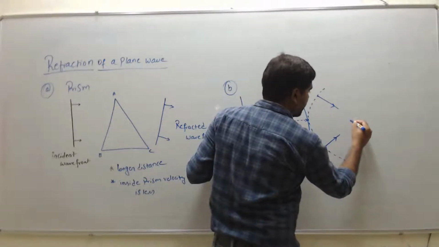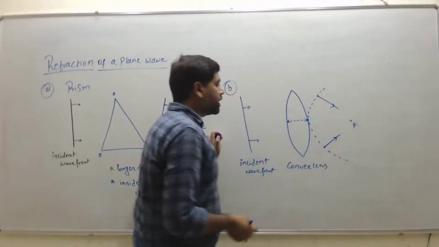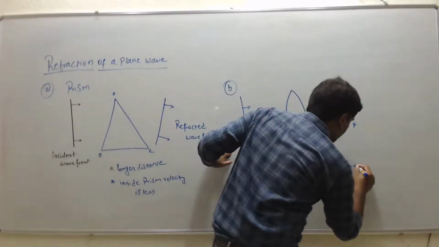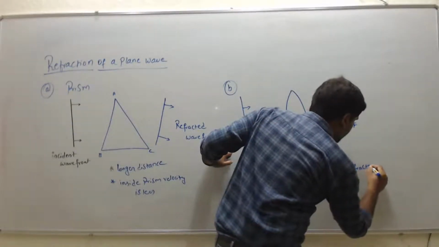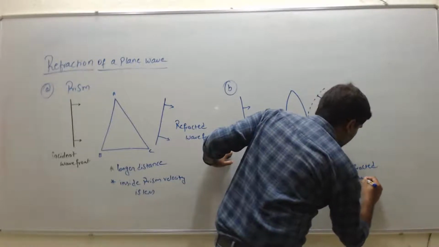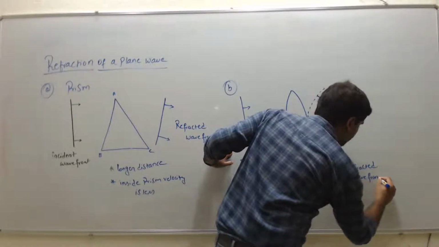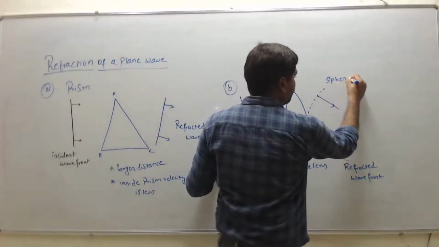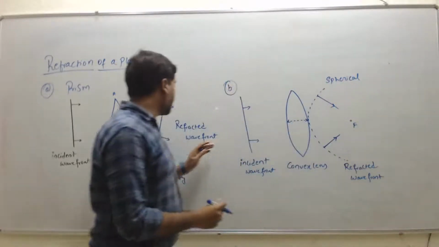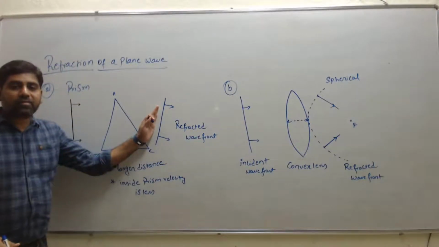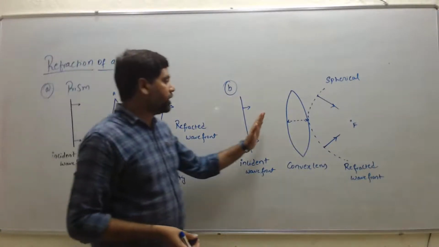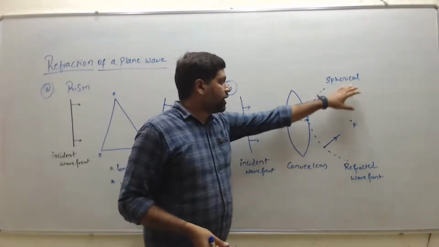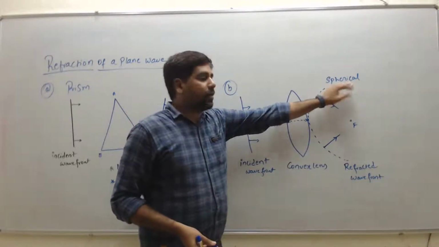Somewhere here it is F. The refracted wavefront we get is this one, the refracted wavefront. Here the refracted wavefront is spherical. In the case of a prism, we get a plane wavefront as the refracted wavefront, but in the case of the convex lens, we get the refracted wavefront as a spherical wavefront.